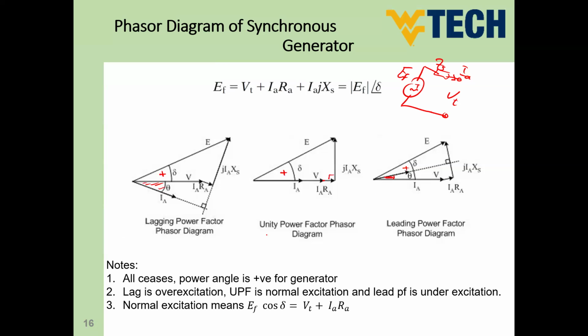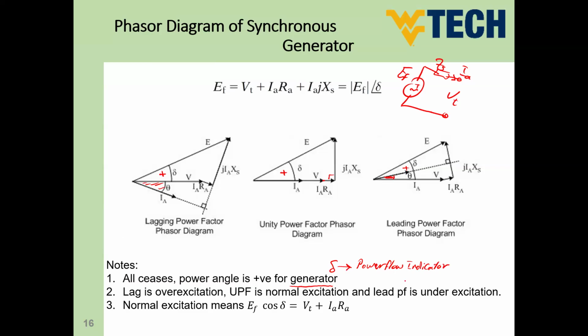So this is the first note. In all cases, power angle is positive, and this is for a generator. So the power angle delta is going to be an indication for the power flow. So I can say this is a power flow indicator.